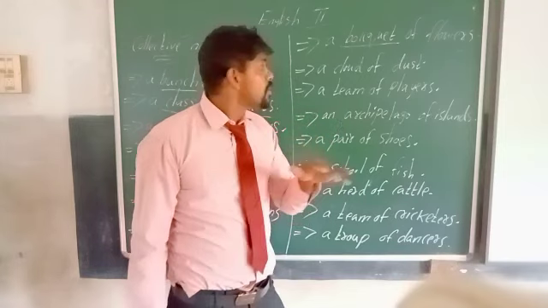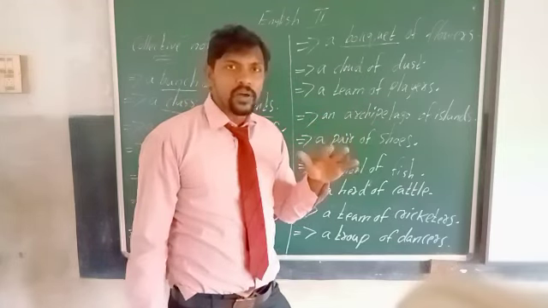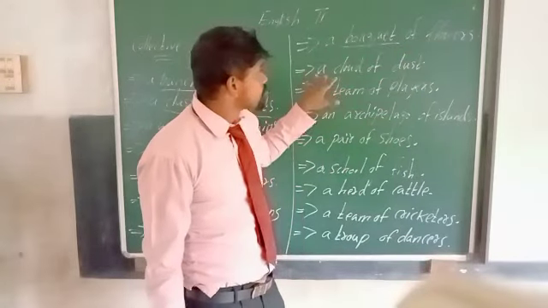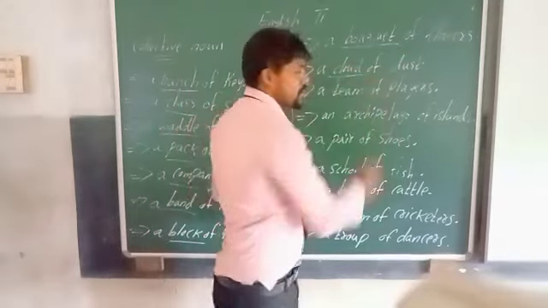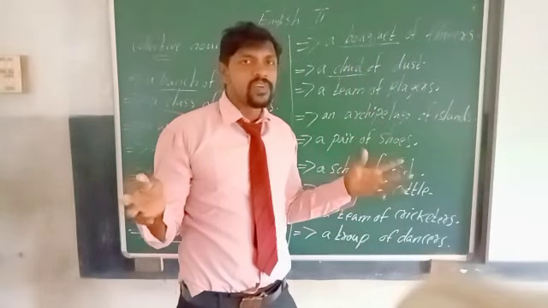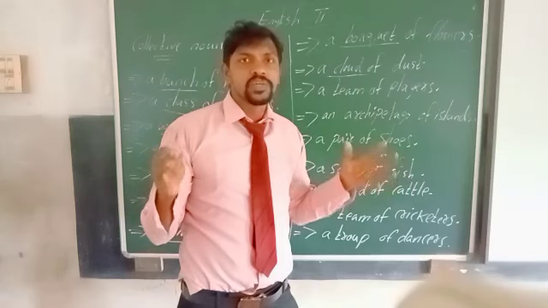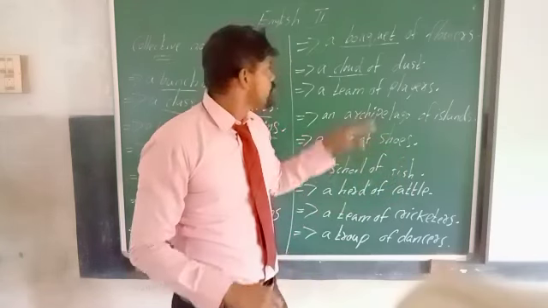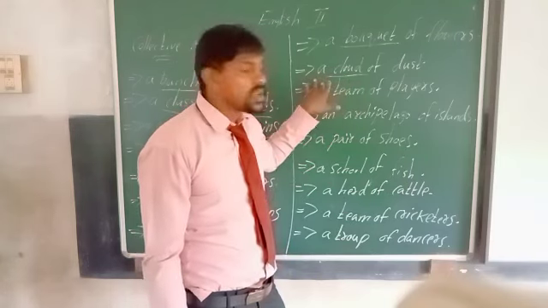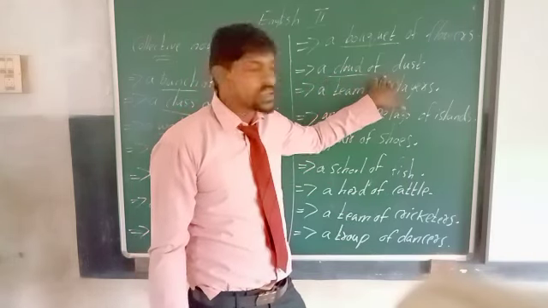But more number of flowers, we will call a bouquet of flowers, right? Then a cloud of dust. If there is so much dust in the class or somewhere else, how do we call? A cloud. If there is so much dust, we will call it a cloud of dust, right?